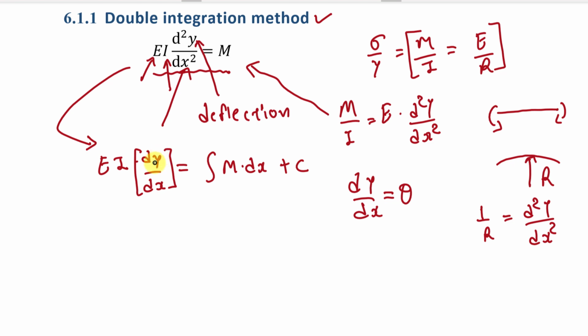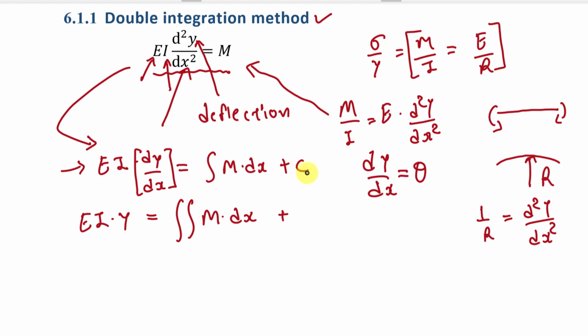Now if we want to find out deflection, then we have to integrate this equation with respect to x. Then it will be EI into the integration of dy by dx, which will be y, right? Which is equal to, now here we have to again integrate this equation with respect to dx. So it will be the double integration of M with respect to dx.